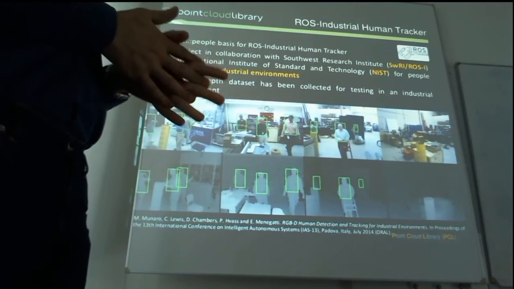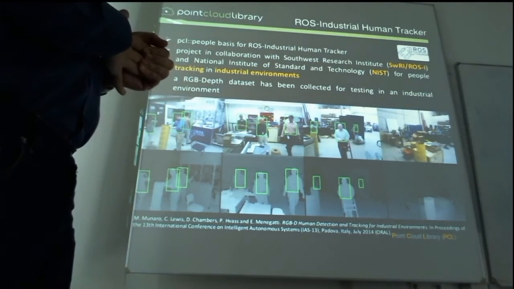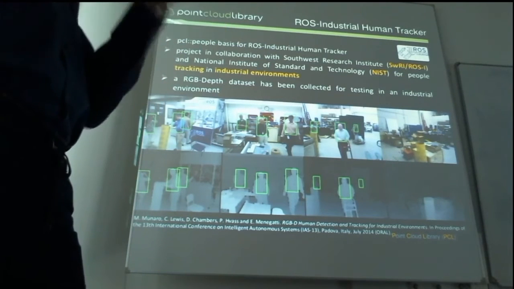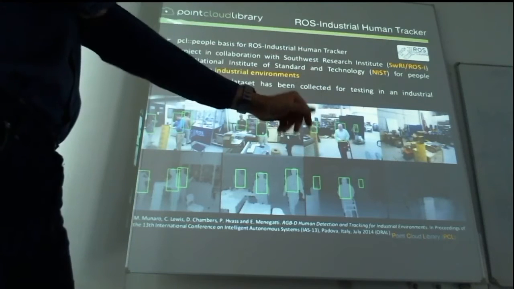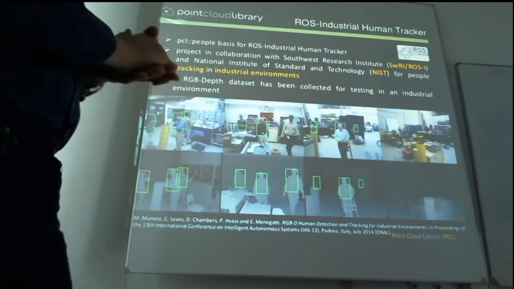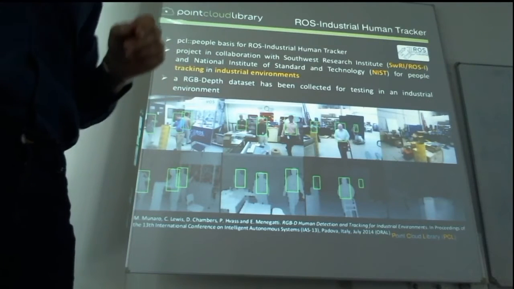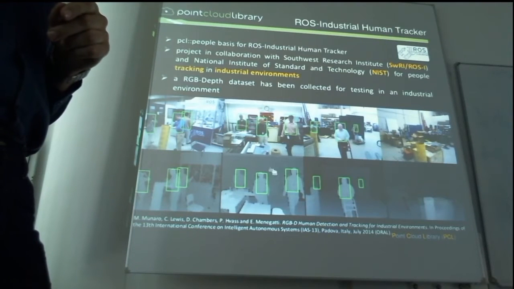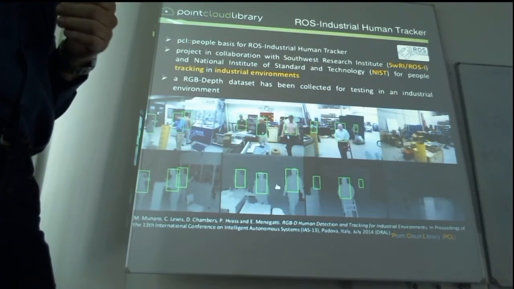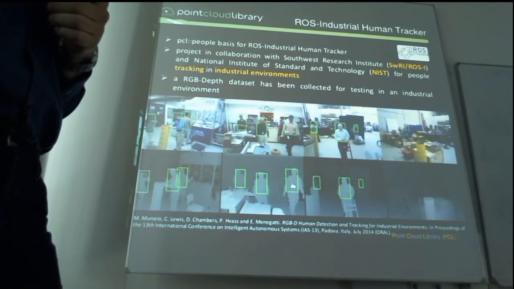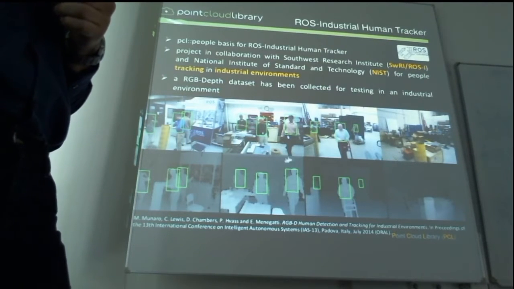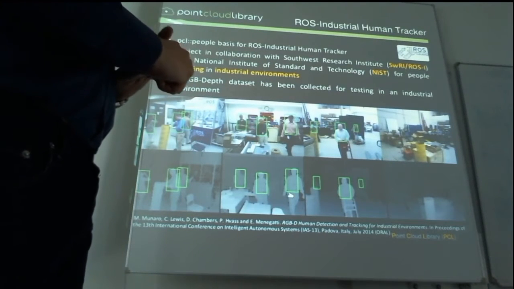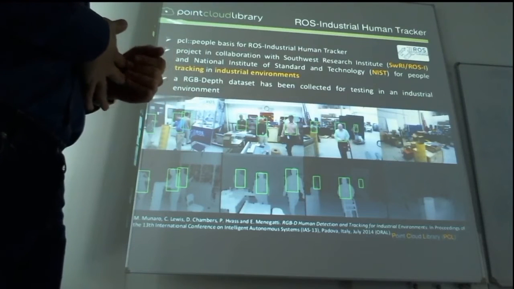So here you can find the ROS Industrial Human Tracker, which is a combination of what the people from ROS Industrial had as people detection and tracking software, combined with the one in PCL and with some other improvements. In this case, the best pipeline we found was to use the people detection in PCL in cascade, in series, with another people detection algorithm that classifies HOG features extracted from the disparity image, again from an RGB-D sensor.